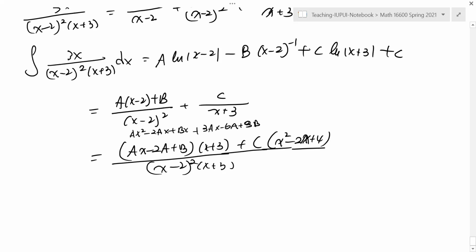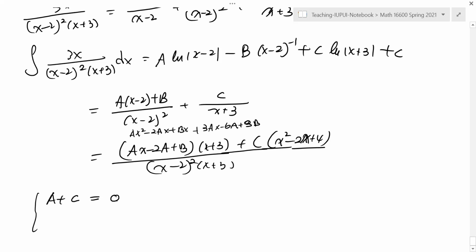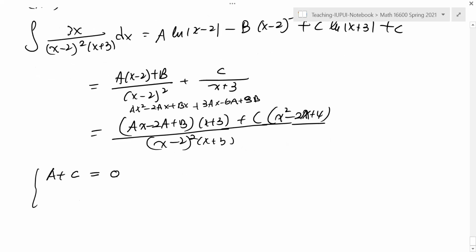You have so many terms here, and the coefficient of x² will be a + c, which is going to be 0 because there's no x² there. And the linear term here is −2a + b, plus 3a, and here's −2c.